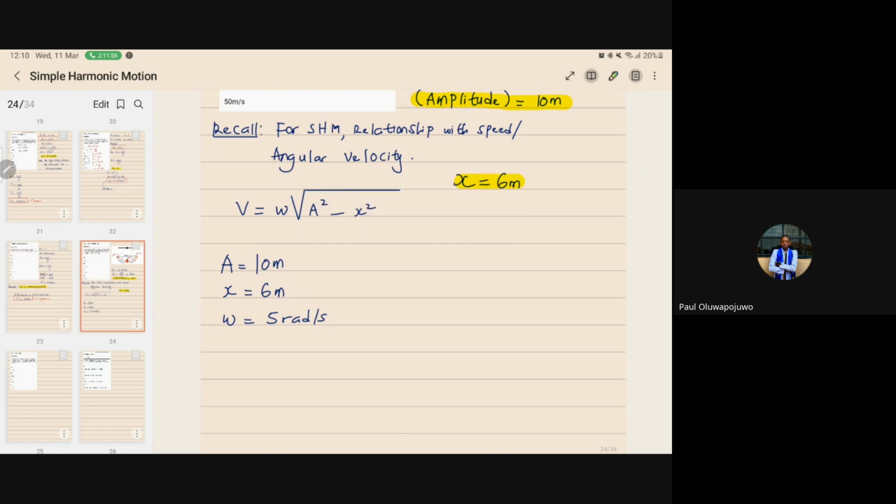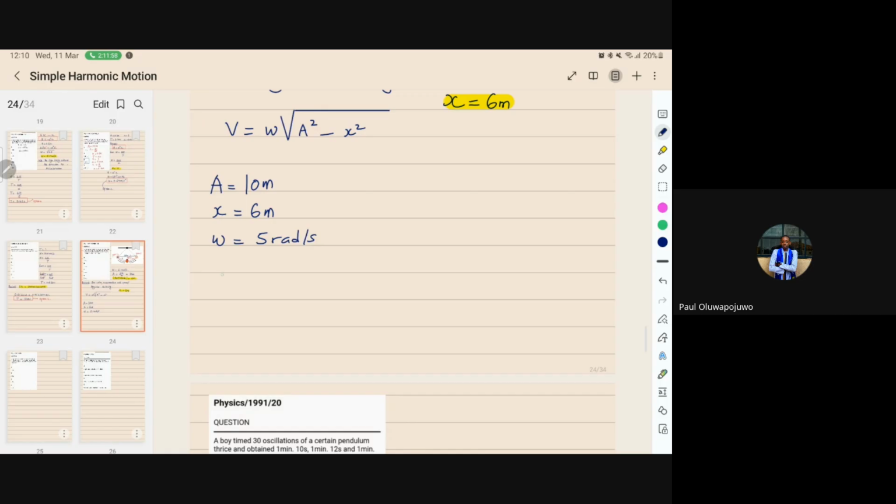So let's go ahead and get the velocity at that point. My v will be equal to 5 times the square root of 10 squared minus 6 squared.